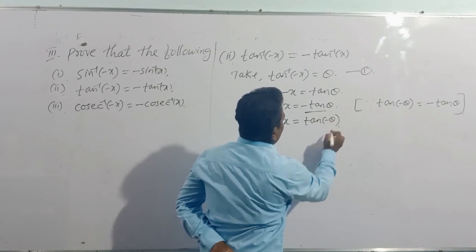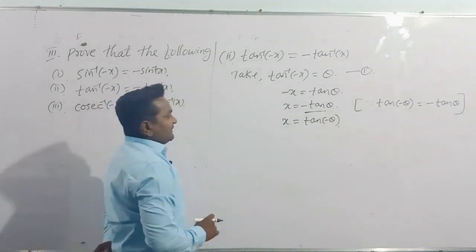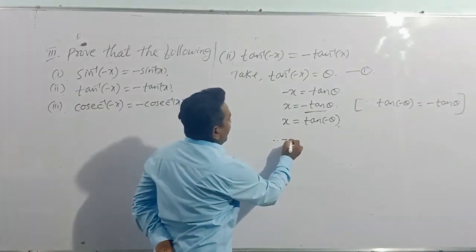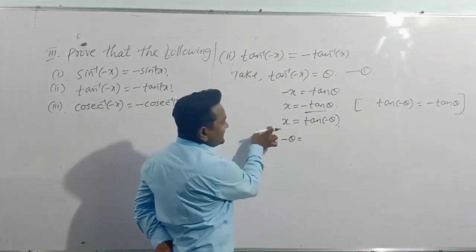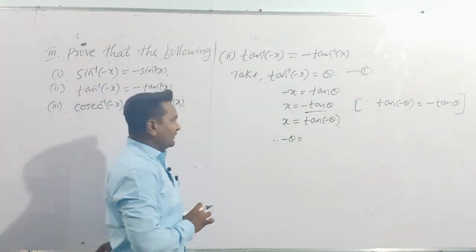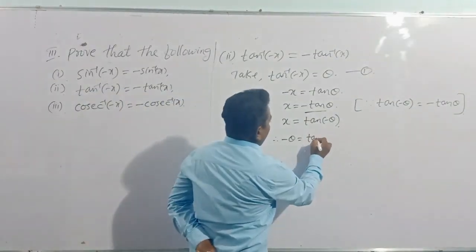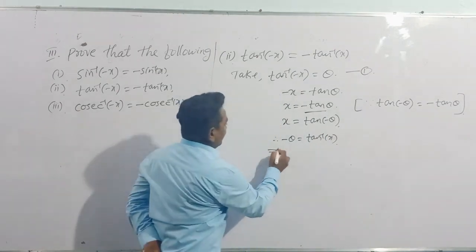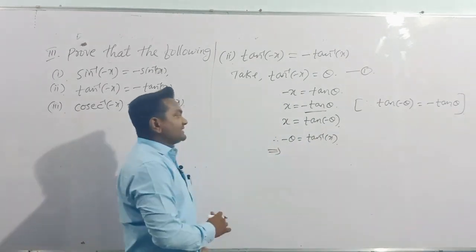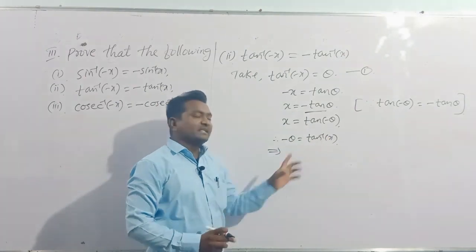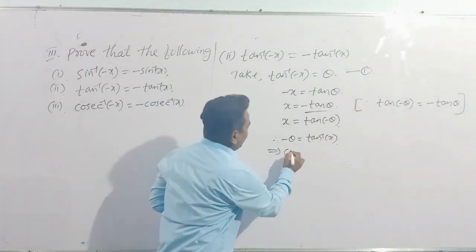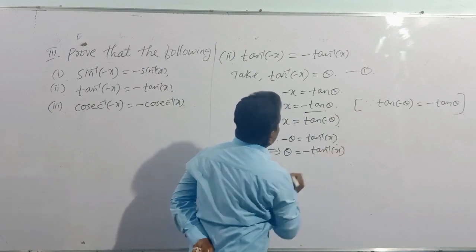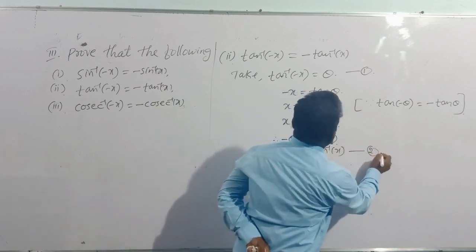So x equals tan of minus theta. Same case, here we have to find the theta value: minus theta equals tan inverse x, moving the tan function to the left-hand side as an inverse. Finally, minus theta equals tan inverse x means theta equals minus tan inverse x. Take it down as equation number 2.